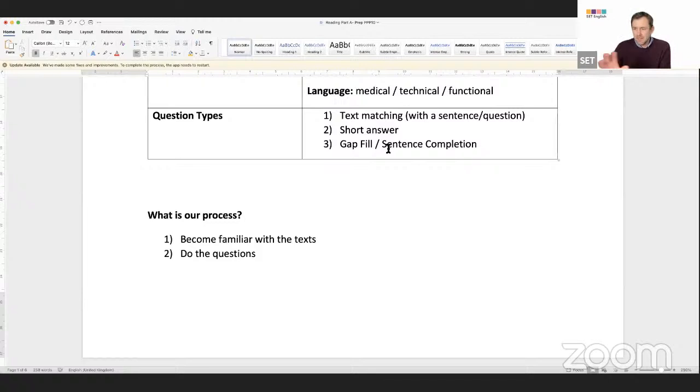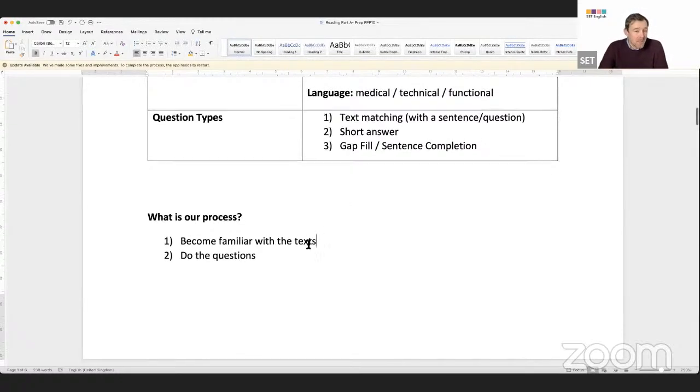What I would say though, like you said, Farouk, is I think I would always do the matching questions before I did the gap fill and the short answer, because they are basically part of the process of becoming familiar with the text.